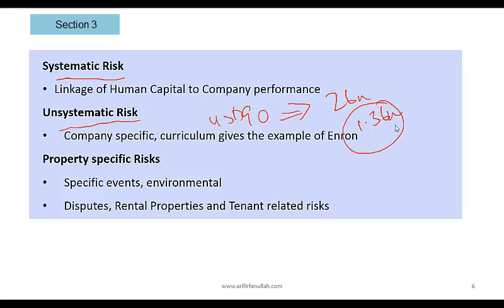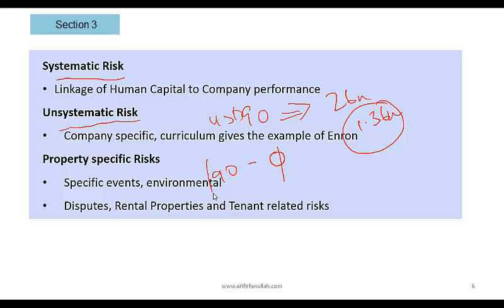So everybody was a big believer that this was going to change the world, and inevitably Enron's value actually became zero, from $90 to zero. So you can only imagine the amount of loss that people incurred. So that is unsystematic risk.